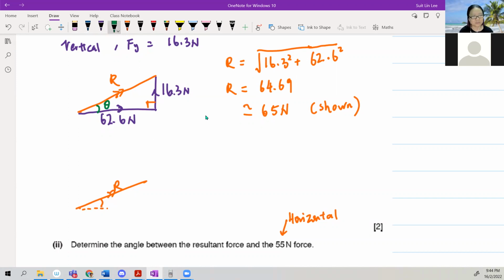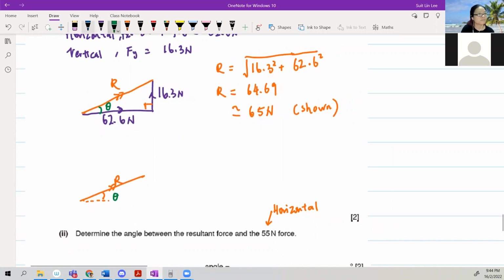Okay. So for the objective, to find theta, I will use tangent. Tangent theta is 16.3 over 62.6. Tangent inverse.